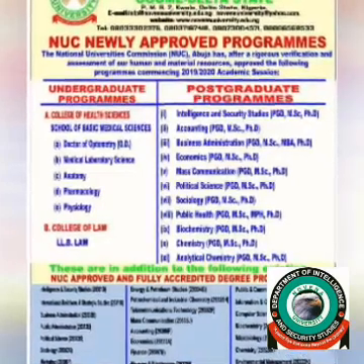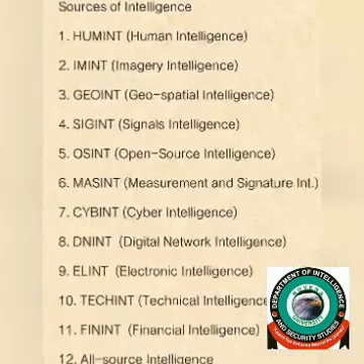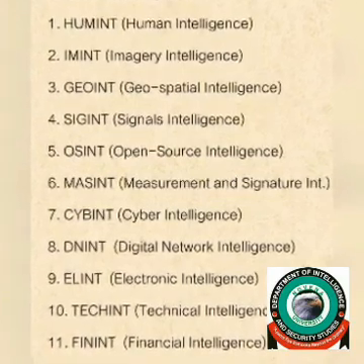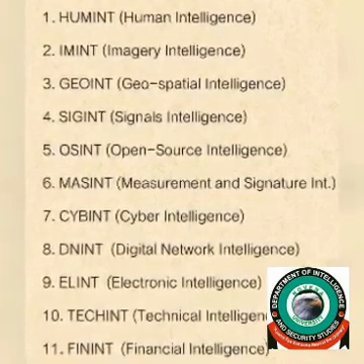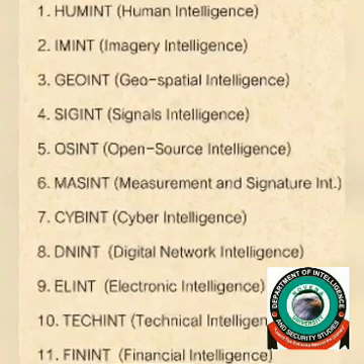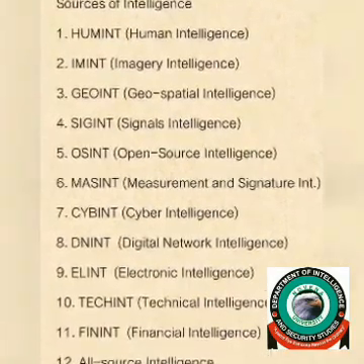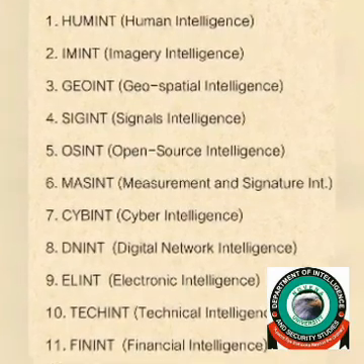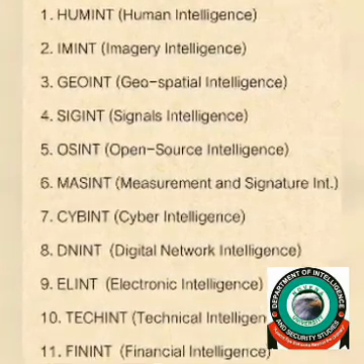We try as much as possible to be discreet as to what we teach, especially on such a public platform. So for this class, we are considering human intelligence, signals intelligence, imagery intelligence, geospatial intelligence, as well as open source intelligence.